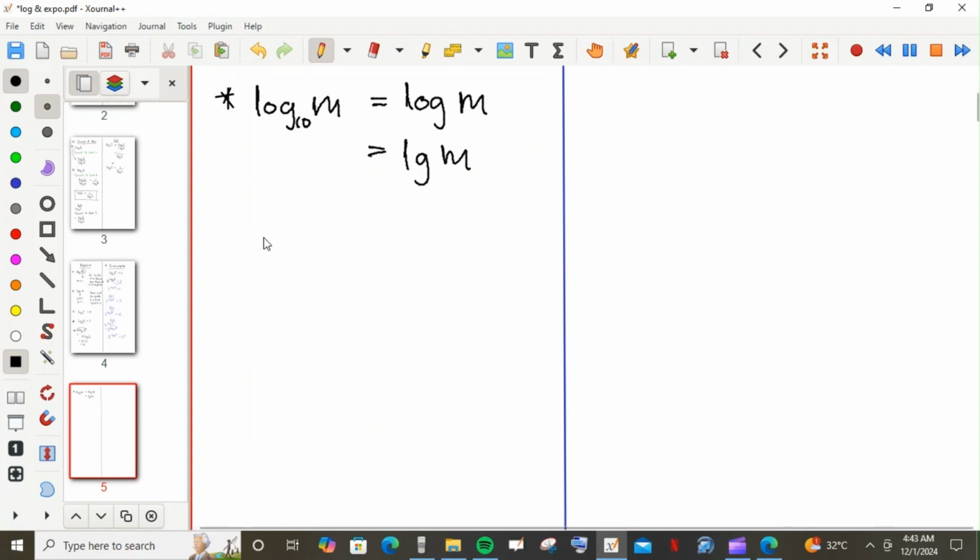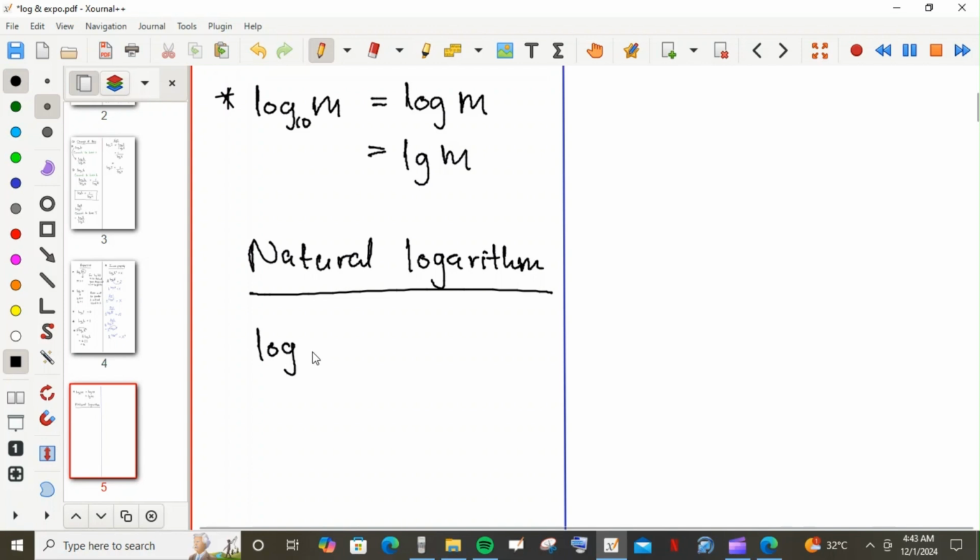Before we go away, I want to talk a little bit about natural logarithm. I will talk extensively on this topic later, but for now, I'm just giving a brief knowledge about it. Any logarithm to the base e is called natural logarithm. The e here is a constant.